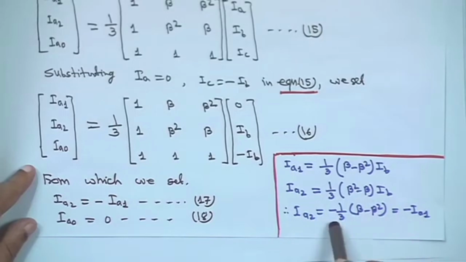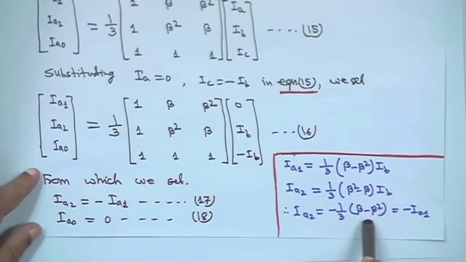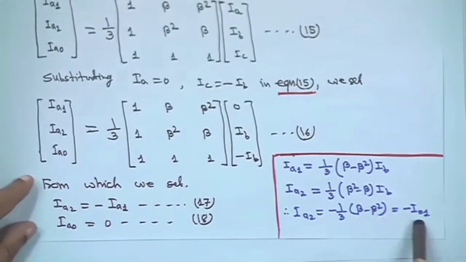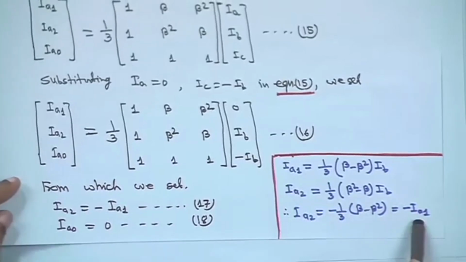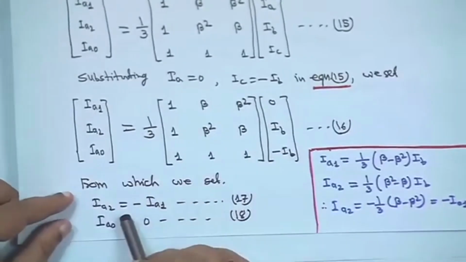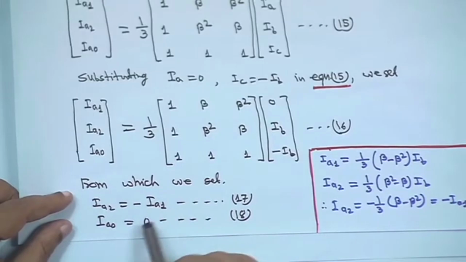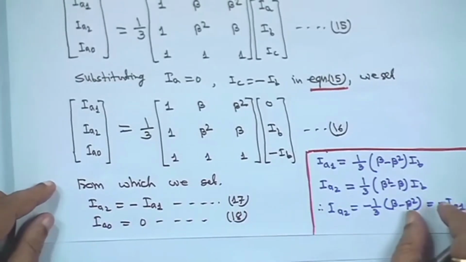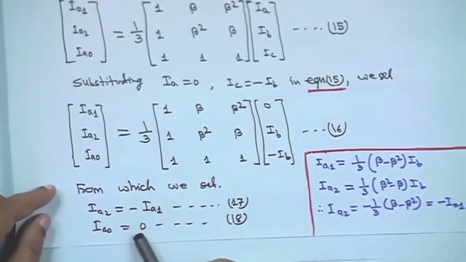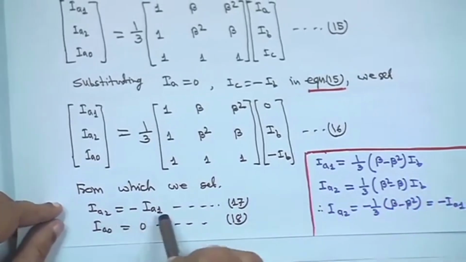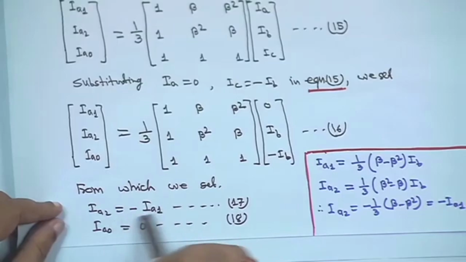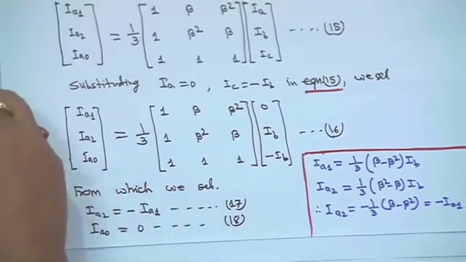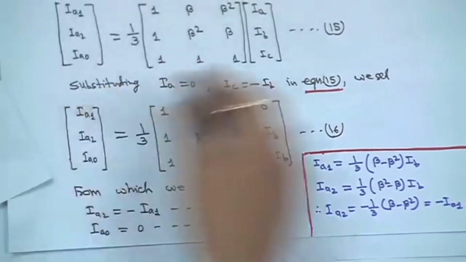That means, IA2 is equal to minus 1/3 beta minus beta square IB, which is then minus IA1. That is why we are writing IA2 is equal to minus IA1 and IA0 is equal to 0. So, for line to line fault there is no zero sequence current, and when IA2 is equal to minus IA1, it is just in opposition, right. So, we will see later all this.